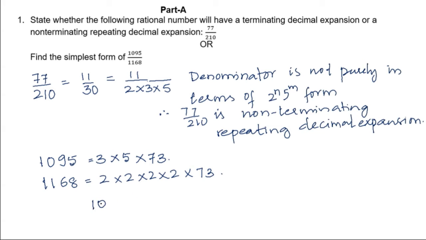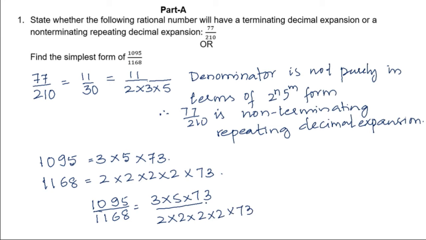Therefore 1095 upon 1168 is 3 times 5 times 73 upon 2 multiplied 4 times, then multiplied by 73.